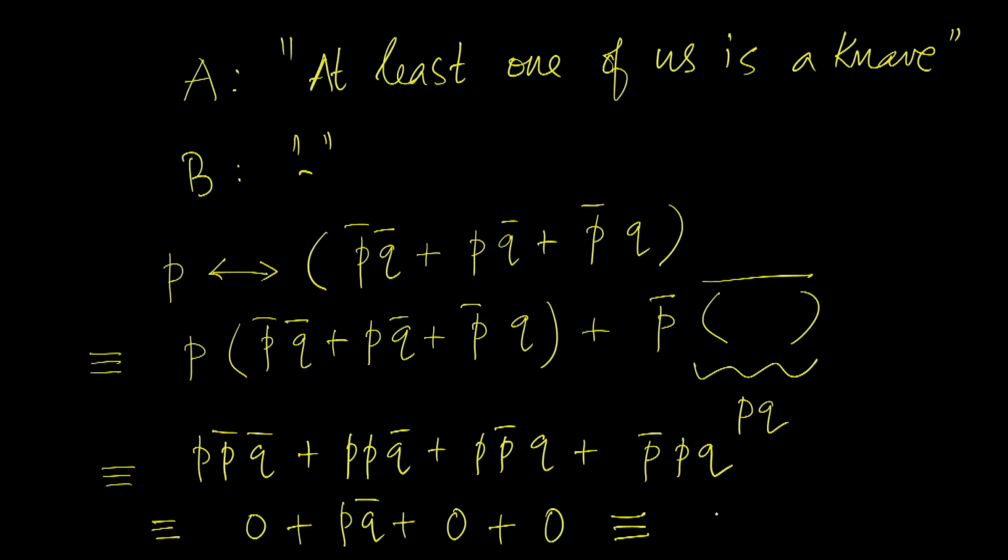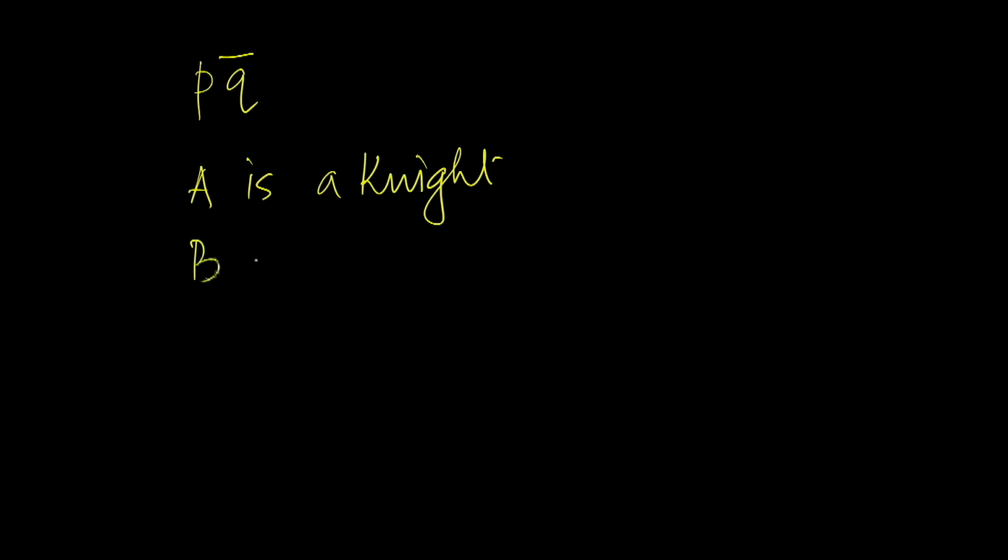The OR of these four quantities would be PQ bar. So what we have concluded is that the logical statement that we had is equivalent to PQ bar, which means A is a knight and B is a knave. That is the conclusion we have drawn.